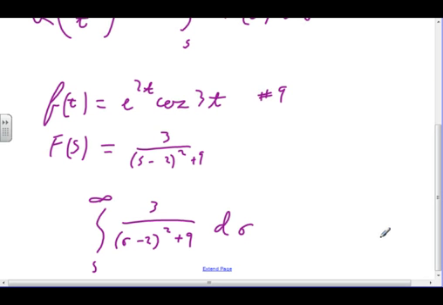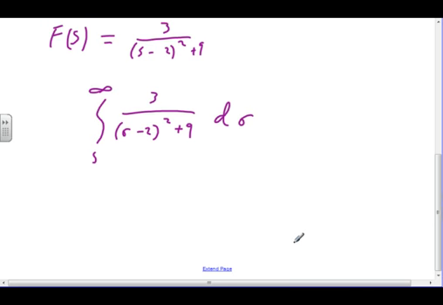All right, so how am I going to get that? Well, I don't have any really bright ideas. If this were 3 over sigma squared minus 4 sigma plus 13, I couldn't factor that, could I?